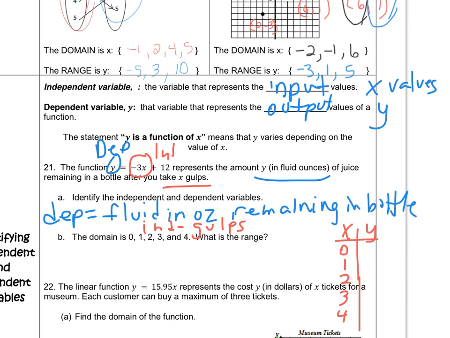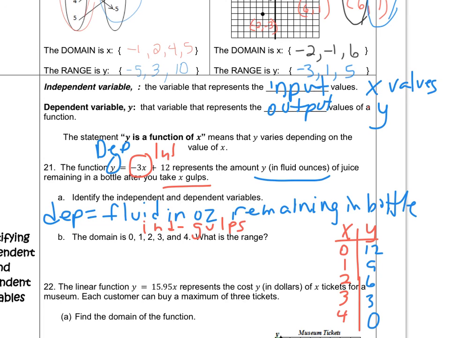That's what we figured out as the formula to figure out what our dependent is. So go ahead and pause the video and plug in each of those inputs into the equation and come back and check your answers.